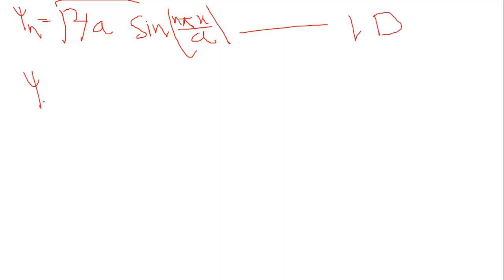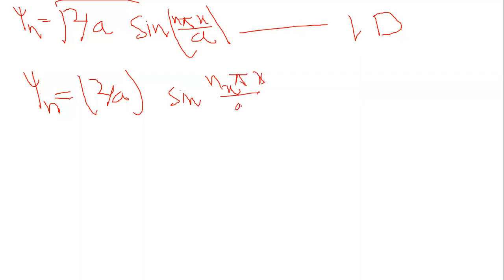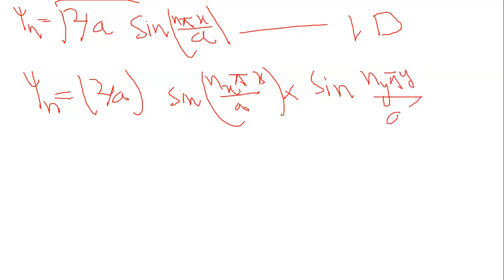If you consider it in 2D, it will be 2 by a, sine nx pi x by a, into sine ny pi y by a.